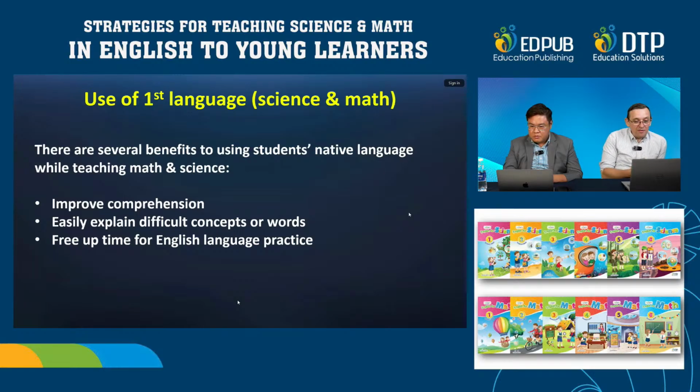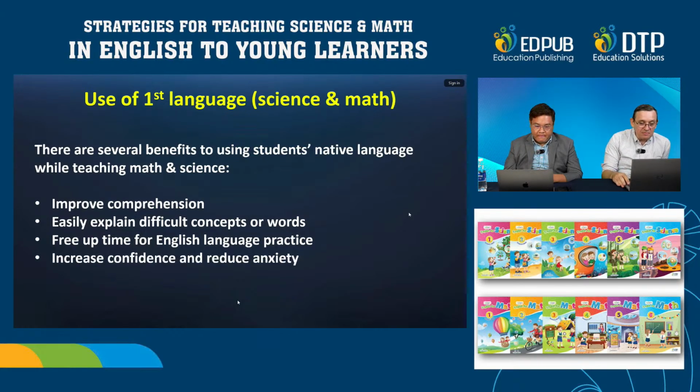So, you know, our focus at the end of this is to have the students confident using English to explain these scientific concepts or to answer math questions. So our aim here is the English language practice, but if we need to use the native language at the outset, at the beginning, to help smooth that process, then I think it's beneficial.